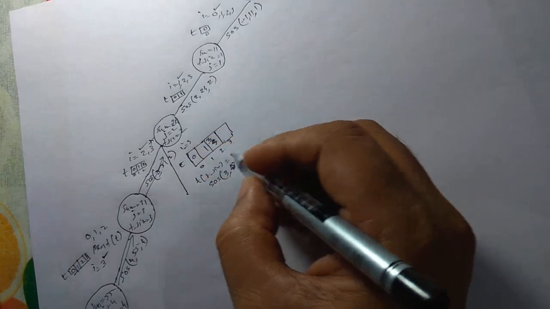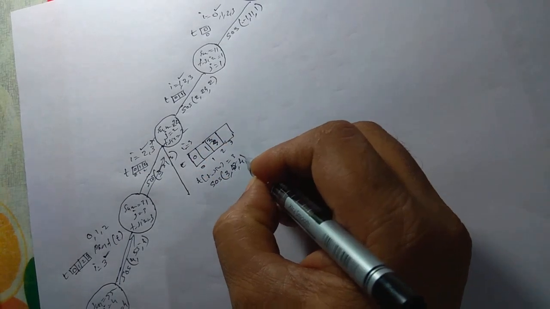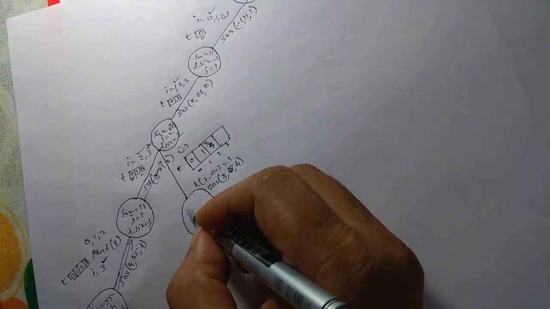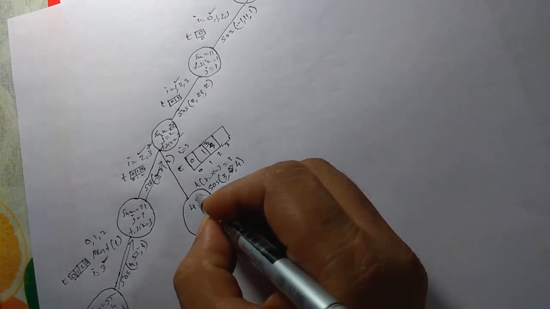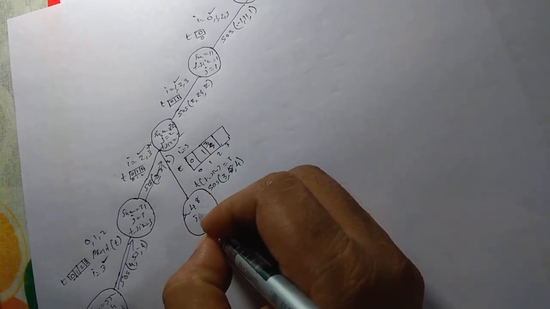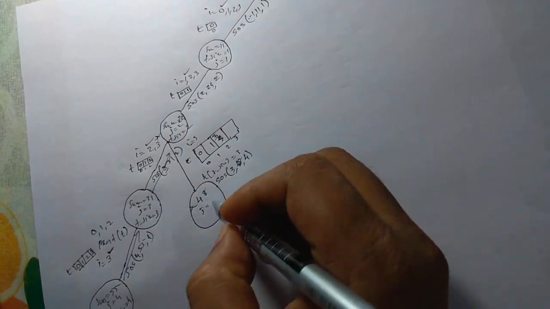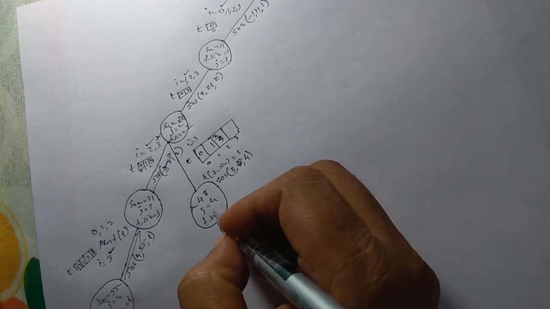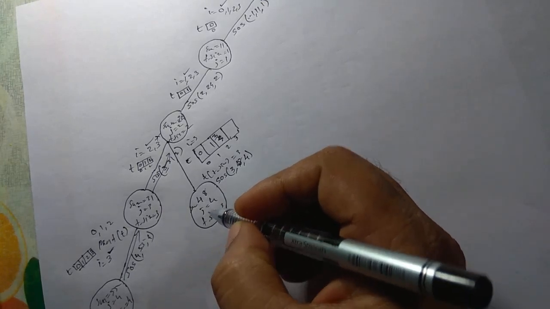Then i plus 1, it is 4. So it will generate the next node with sum equal to 48, j equal to 4 and t underscore size equal to 3.